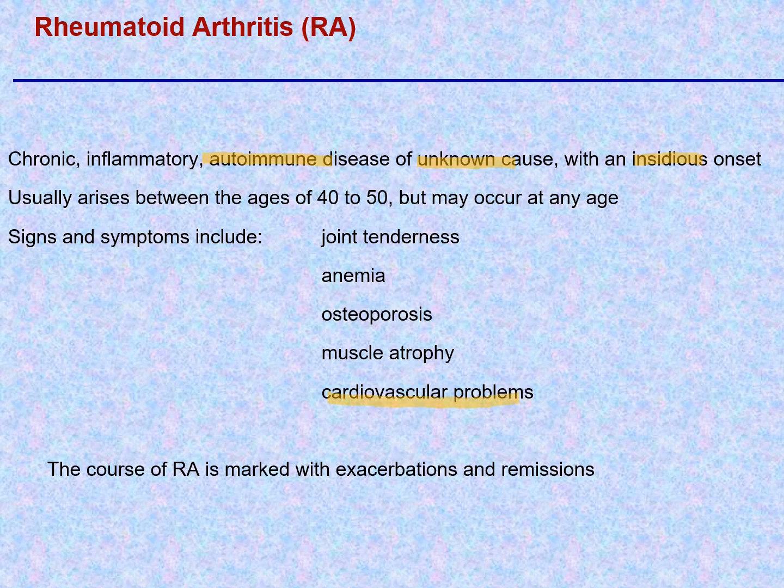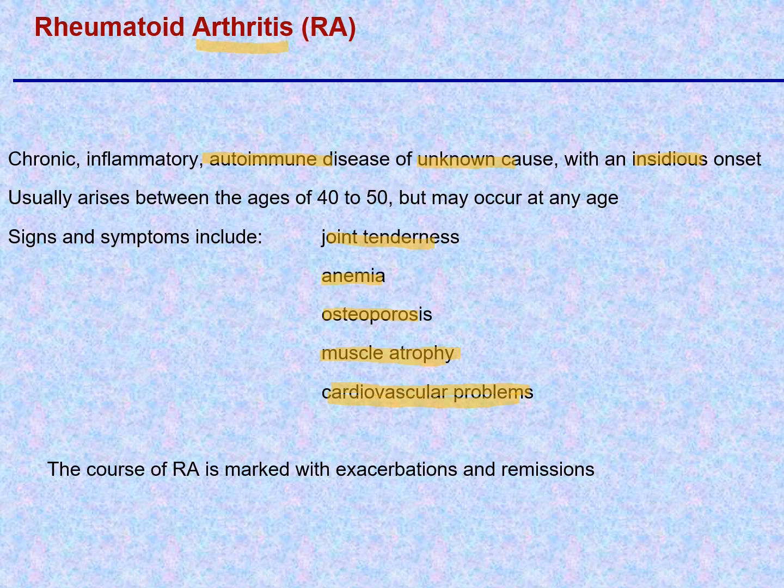Cardiovascular problems can occur first, anemias, and then only later joint tenderness or problems, osteoporosis. So the onset is quite unusual for a disease that in the end is certainly affecting joints.